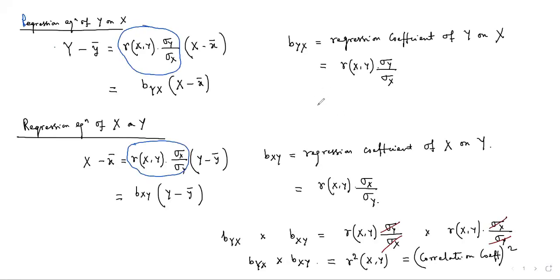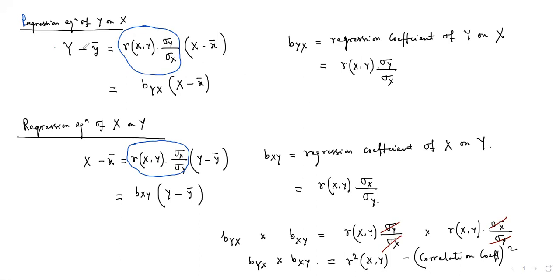One of the important properties is the following: the square of the correlation coefficient gives the product of the two regression coefficients.